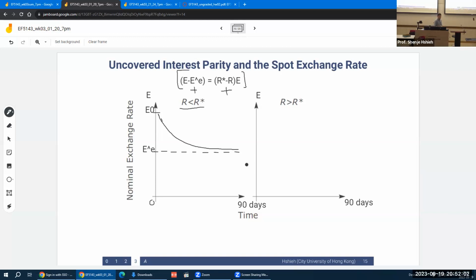If the current spot exchange rate is higher than our beliefs, it must somehow converge in the future. So that's what it means to be correct, okay? So in other words, this gap here is just this R star minus R times here.